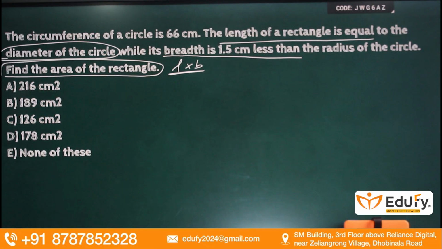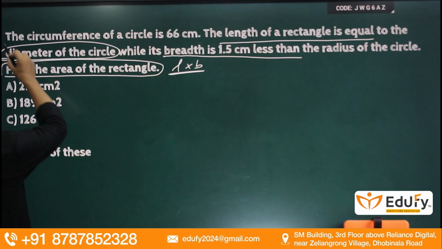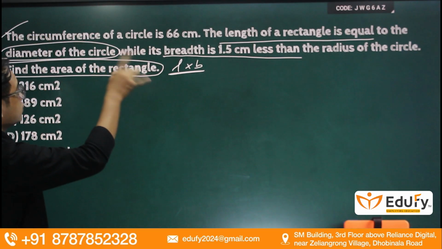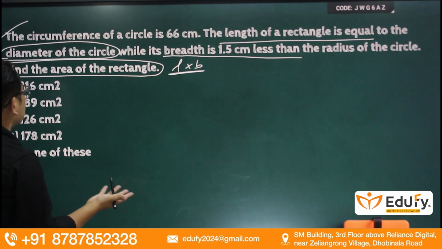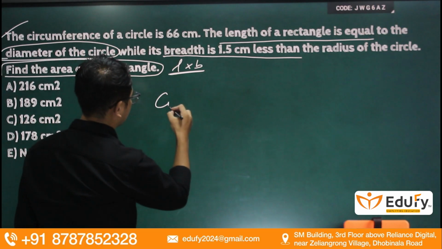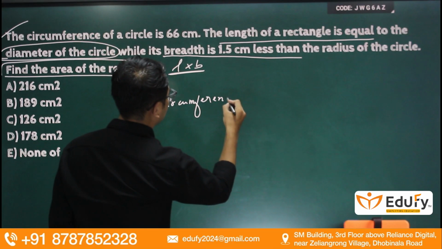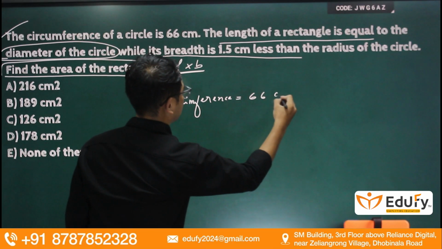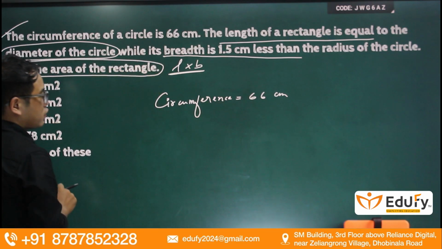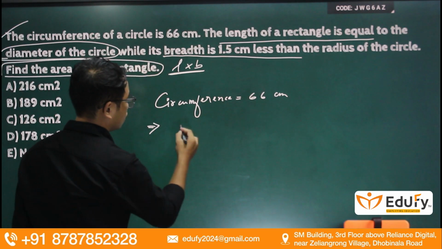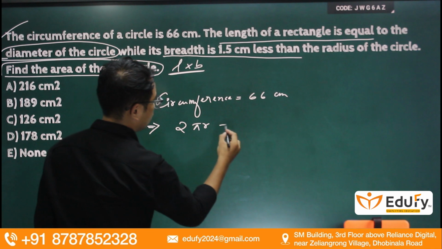Let us first find out the radius and diameter of the circle. In the first part of the question, they said the circumference of a circle is 66 centimeter. So I will write here circumference, 66 centimeter. Now, we know the circumference of a circle formula is 2 pi r, which is equal to 66.